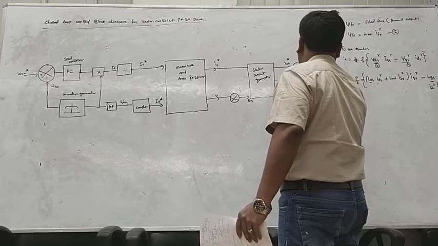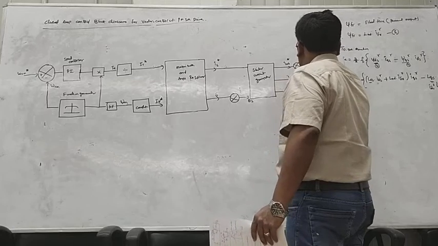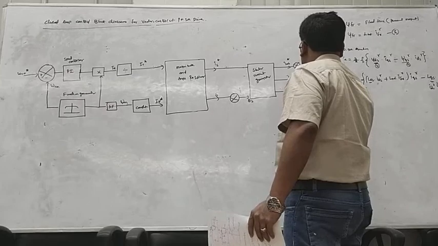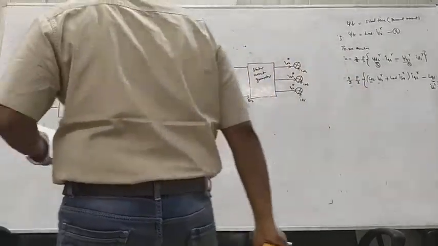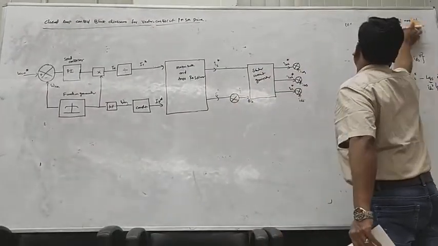So again it should be compared with the actual currents. Here it is IAS, IBS, this is ICS. And where you are getting this IAS and IBS, it should be sensed from the motor terminals.